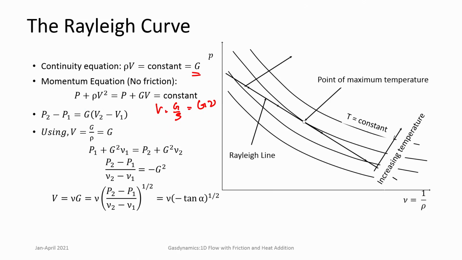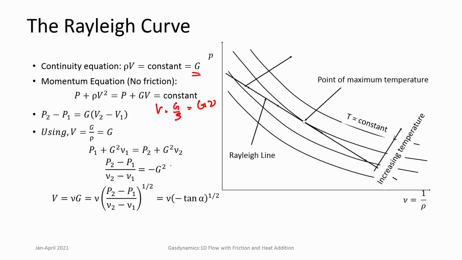P 1 plus G square v 1 is equal to p 2 plus G square v 2. Now, you can write p 2 minus p 1 as G square into v 1 minus v 2, which is the negative of v 2 minus v 1, or p 2 minus p 1 by v 2 minus v 1 is equal to minus G square. Now, this is the equation of a straight line.